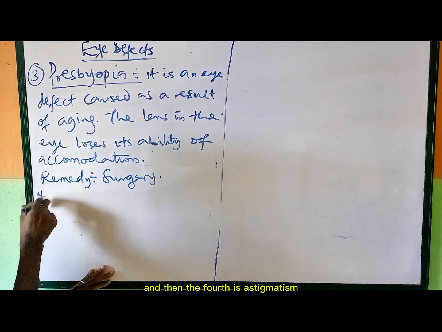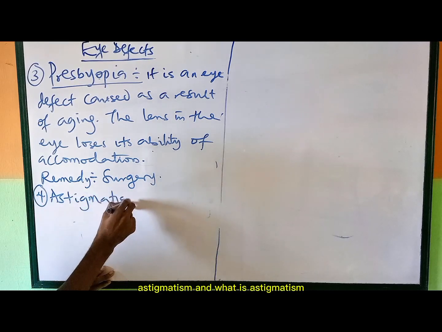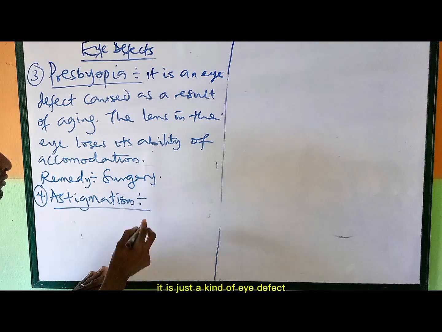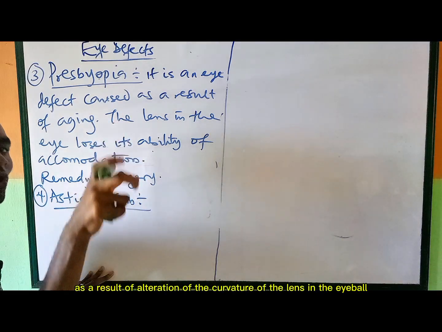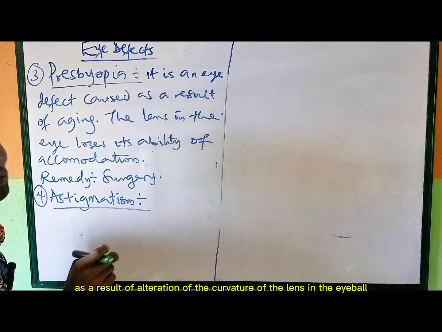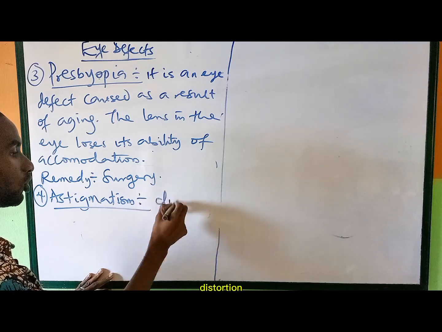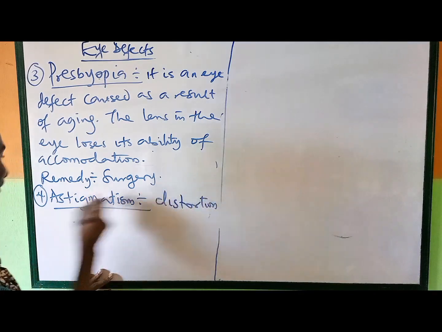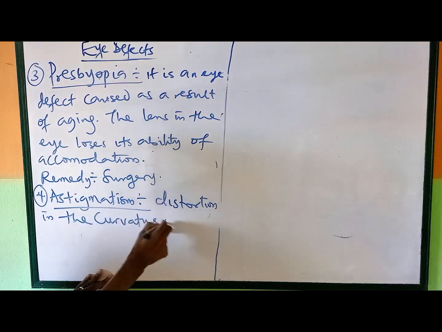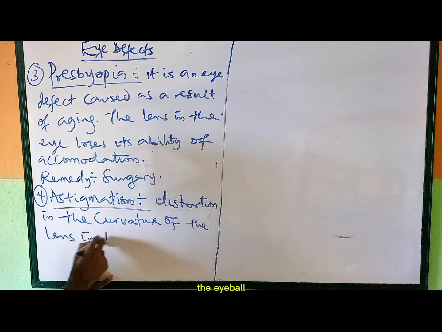And then the fourth is astigmatism. And what is astigmatism? It is a kind of eye defect as a result of alteration of the curvature of the lens in the eyeball. So, distortion in the curvature of the lens in the eyeball.